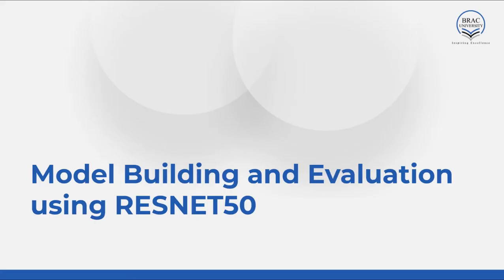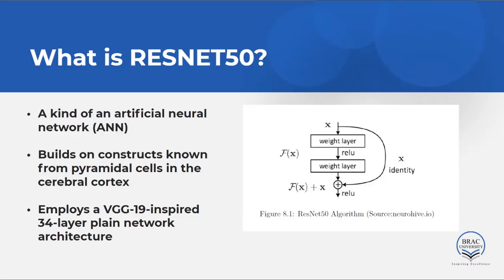Model building and evaluation using ResNet 50. What is ResNet 50? Residual neural network, or ResNet, is a kind of artificial neural network that was introduced in 2015. It builds on constructs known from pyramidal cells in the cerebral cortex. Skip connections or shortcuts are used by residual neural networks to jump past some layers.